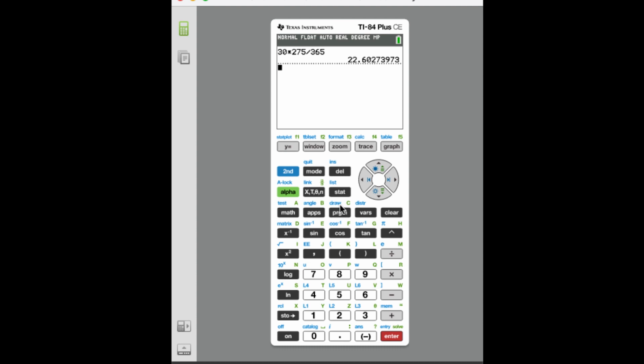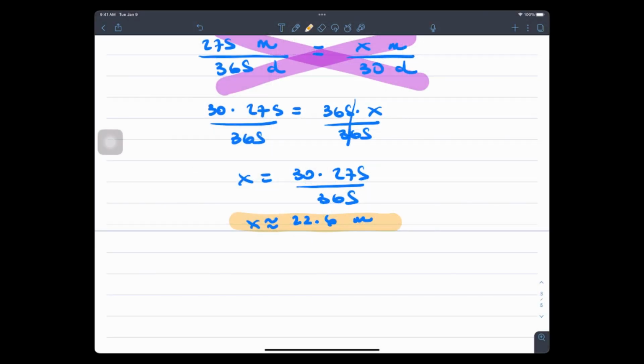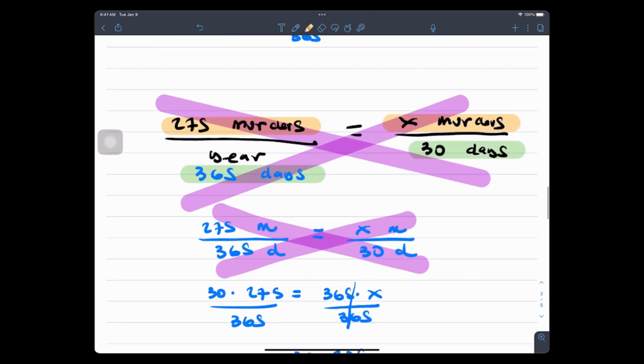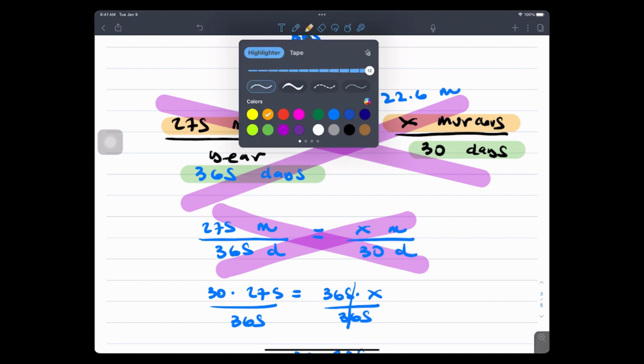What is x going to be here? 22.6. 22.6 what? Murders. Sorry, I hate to be so blunt, but this is real stuff. 22.6 murders in how many days? In a 30-day interval.